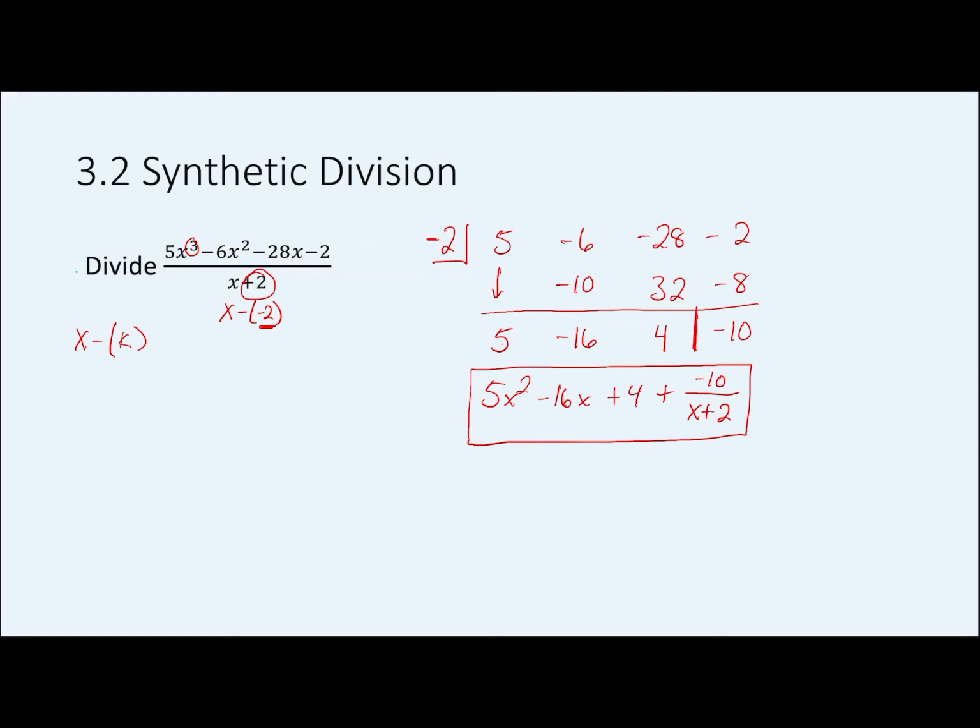And so again, there's the final answer. This is a much easier process than, say, long division. In some classes in the past, we've taught long division, and it's just like long division from when you were in elementary school, but it's with x cubes and x squares and x's, and so that becomes somewhat complicated.